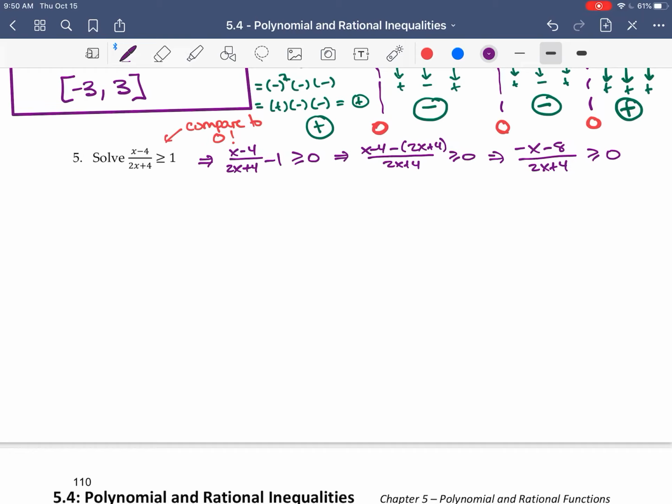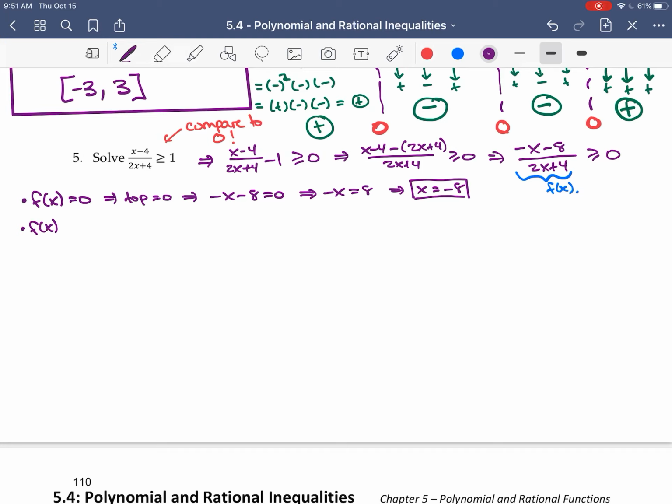So let's call this function f of x. f of x equals 0 when the top is 0. That's when negative x minus 8 is equal to 0, so that's negative x equals 8, or x equals minus 8. So that's where we have an x-intercept.